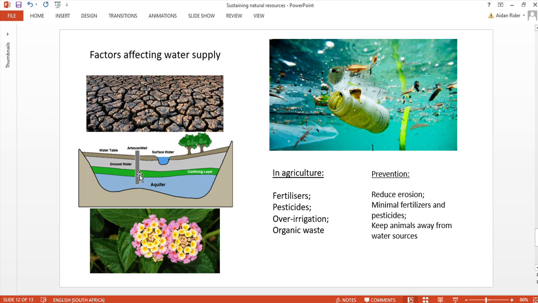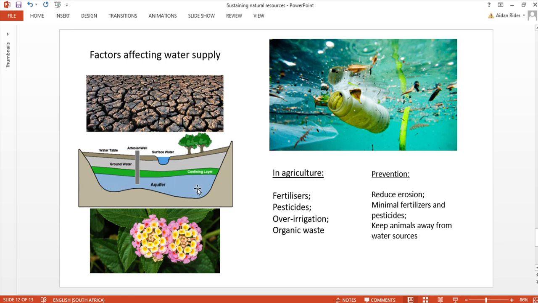So if the well or the borehole uses up all the water, it is gone from this source. So we need to use water from this source very sparingly and also very consciously, because again, when the next rainfall comes, the aquifer can be refilled when water drains through all the soil particles, and then from the bottom up, it can fill the aquifer.